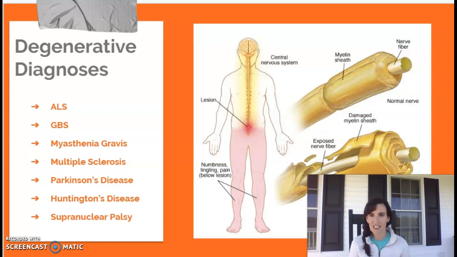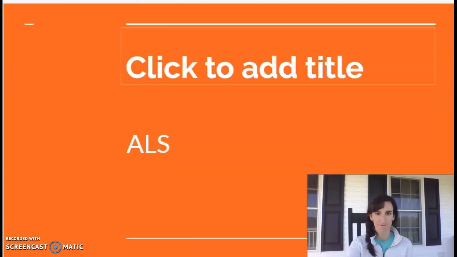The myelin sheath there in the top picture is normal. It's able to conduct and transmit as it should. But then what happens as that myelin sheath, or whatever part of the nerve, is injured and starts to break down, right? We can see there that it's not going to be able to transmit as it should, okay? Again, that's just a quick review. Jump back in if you need more. I think "jump back in" is going to be the phrase of the day.